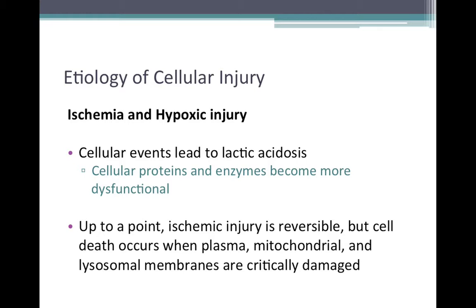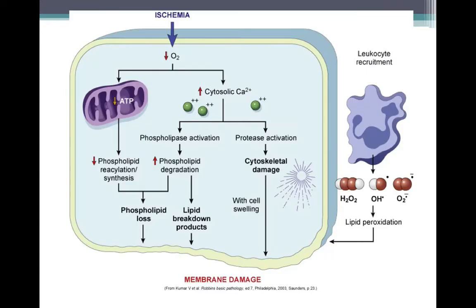Other tissues, though, like your brain, are less able to cope with ischemic events. So the brain tissue doesn't last 4 hours with the lack of blood flow. It's going to last a much shorter period of time. But what happens with ischemia is that low oxygen levels lead to an increase in the amount of calcium you find inside the cell.